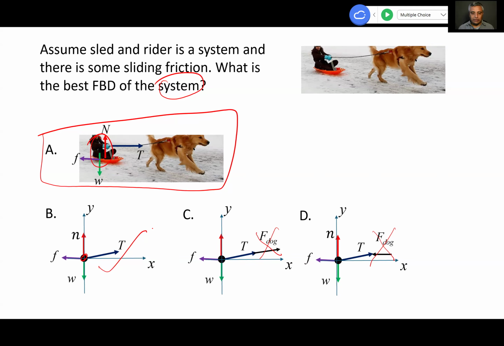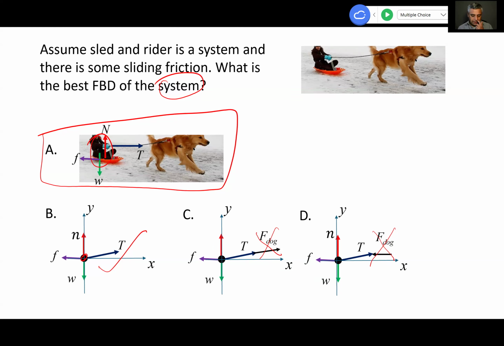Okay, so we have to be very careful. Remember, we started this class by asking the same question: is the horse pulling the cart? Okay, same idea here, folks. And then I also realized there is a new question on the chat. So the tension is at an angle.